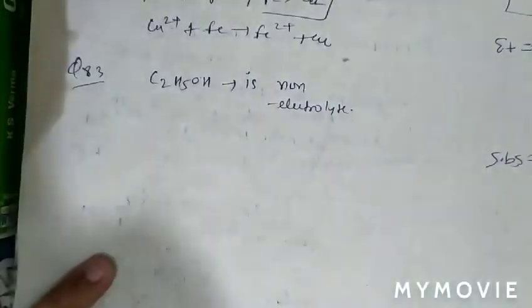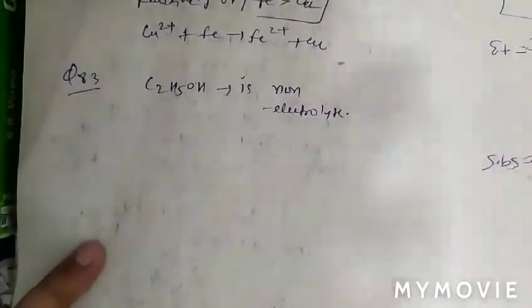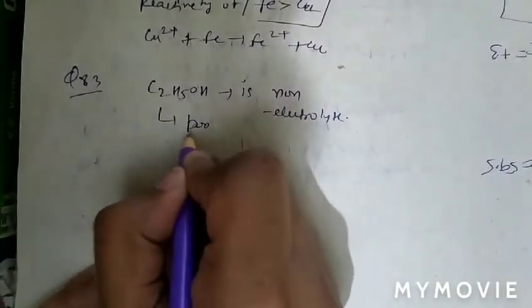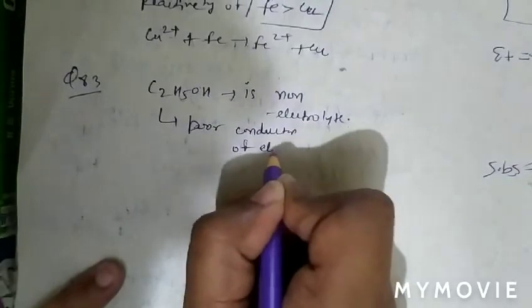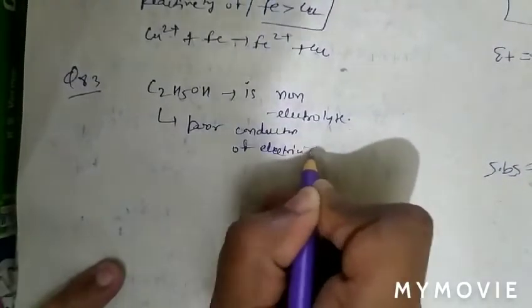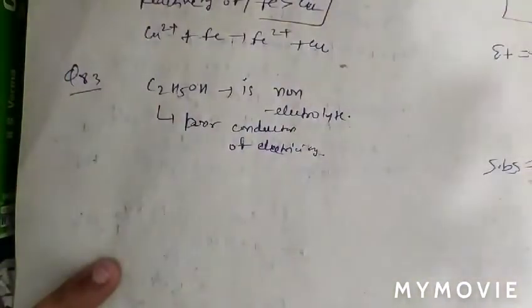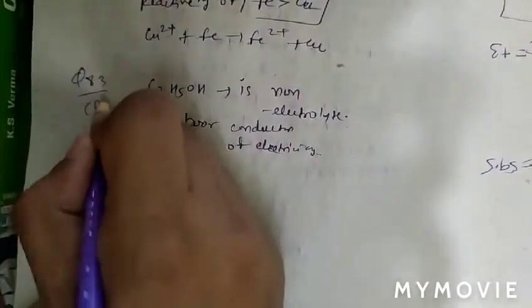So on passing electricity, C2H5OH will not dissociate into its ions. Therefore C2H5OH is a poor conductor of electricity. While in other options they will dissociate into ions. So therefore these are good conductors of electricity. Question number 83, option B is correct.